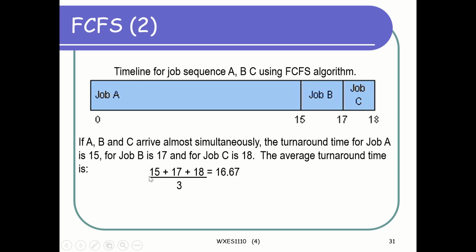The average turnaround time is (15 plus 17 plus 18) divided by 3, which is 16.67. Jobs A, B and C have CPU cycles of 15 milliseconds, 2 milliseconds, and 1 millisecond respectively. This is the average turnaround time.